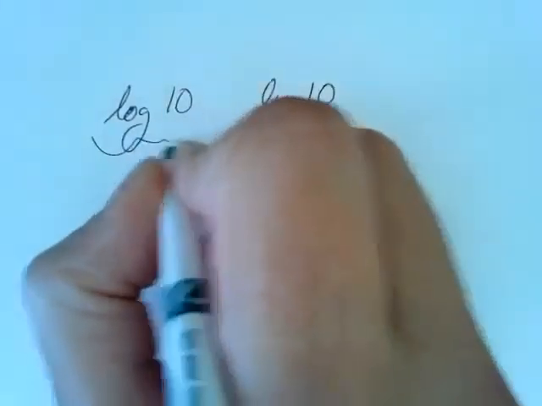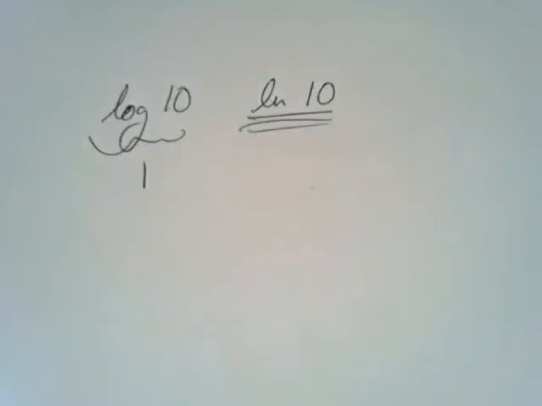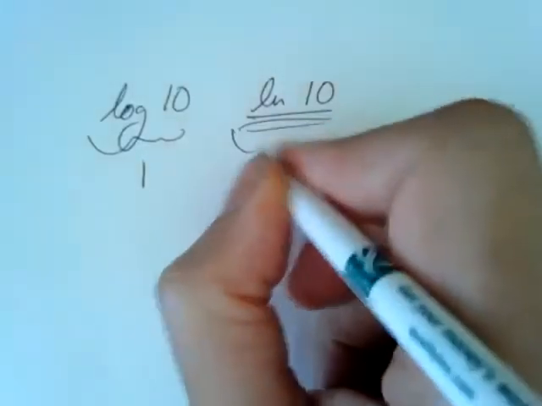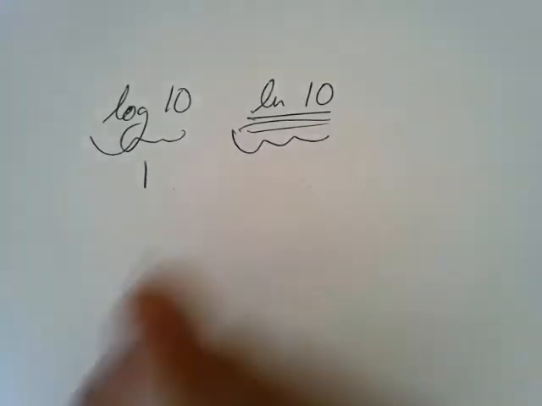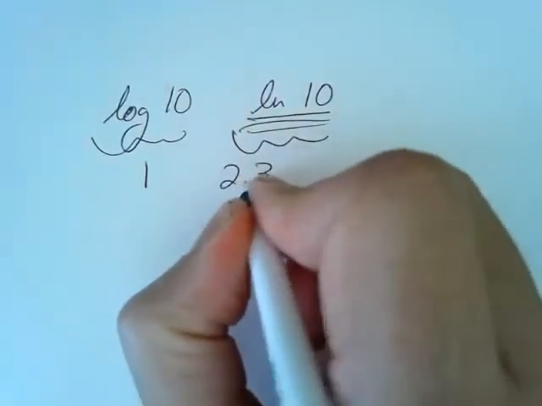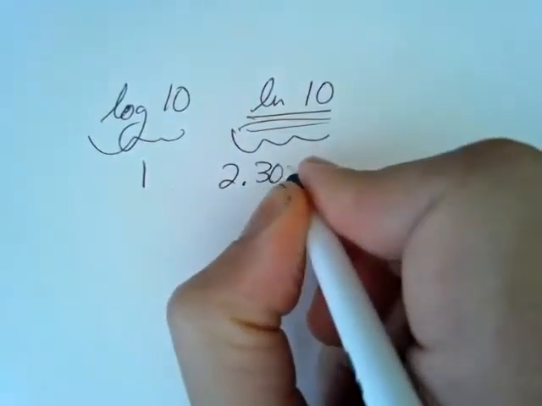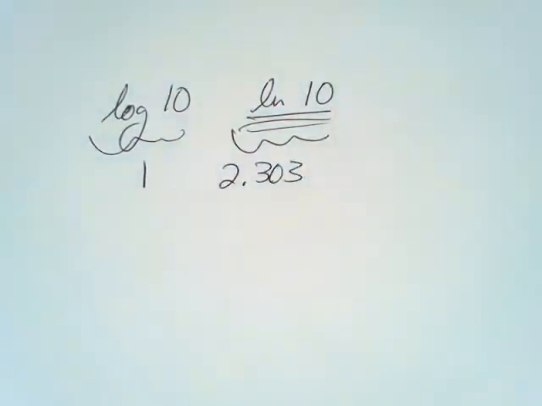So if we take the log of 10, we saw before that we get 1. Go ahead and in your calculator, type in 10, and then if you have an LN button, do that. And what you should get is 2.30, call it 2.303. Okay, you have to round up.